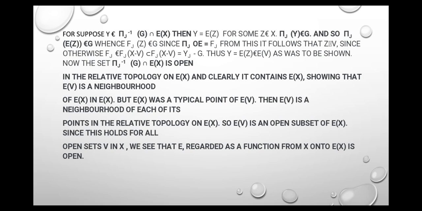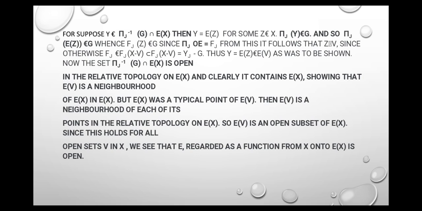For suppose y belongs to pi_j inverse of G intersection E of X, then y is equal to E of z for some z belonging to X. Then pi_j of y belongs to G, and so pi_j of E of z belongs to G, whence f_j of z belongs to G, since pi_j composed with E is equal to f_j.